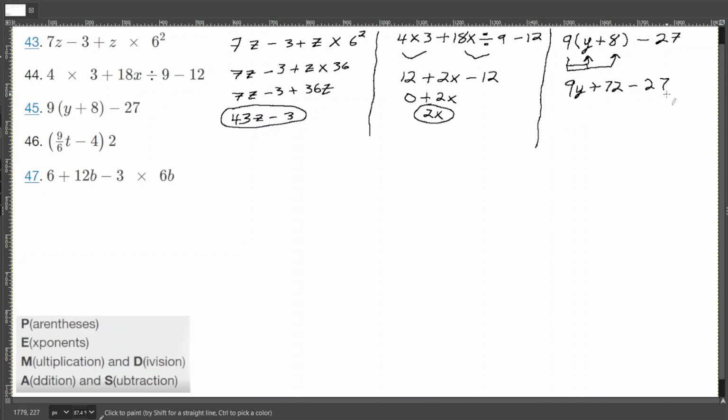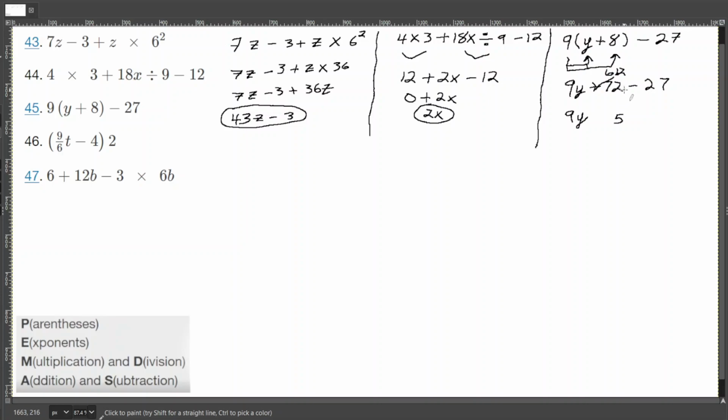But anyway, so we have a y in this term, but we don't have y's in these terms. So this 72 minus 27, they can combine, right? So we know 9y is just going to be by itself. Now, what do we have here? So we would have to borrow. This would be 6. This would become 12. So that's going to be 5.